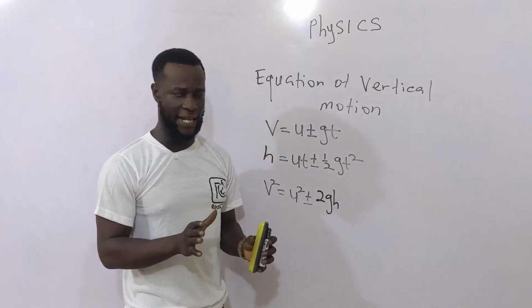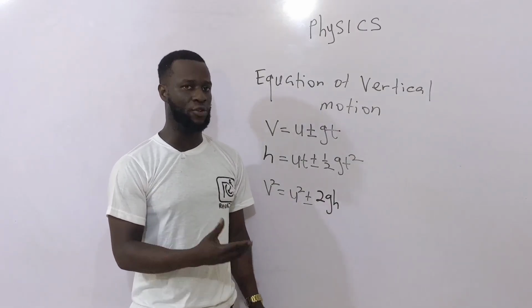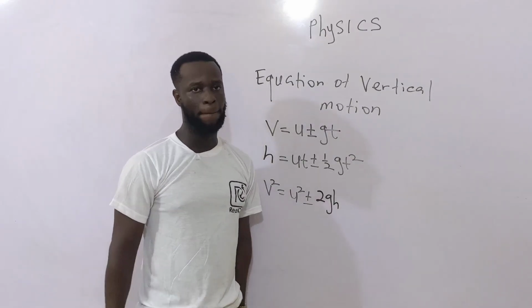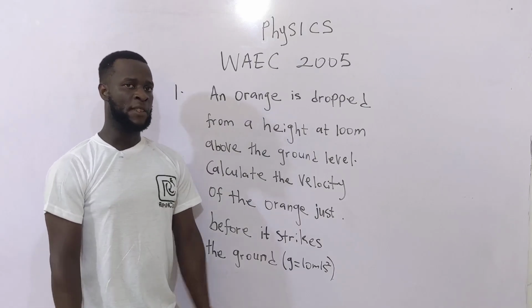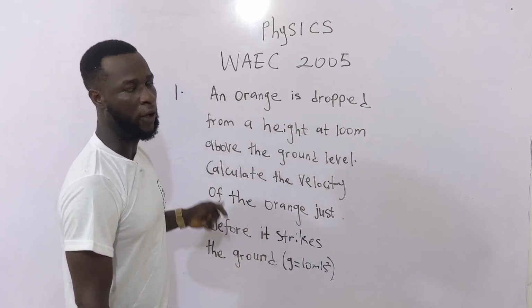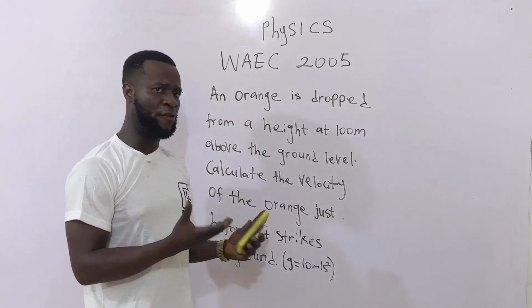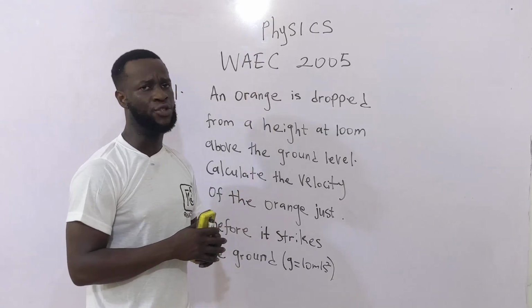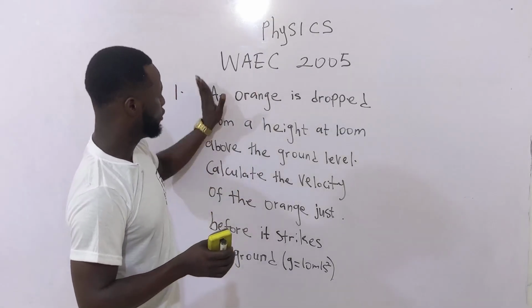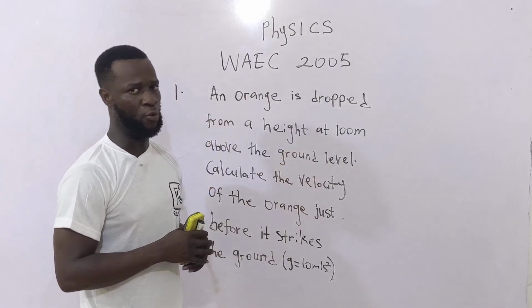Now that this is said, let us look at questions that have been asked from here. Still on vertical motion under gravity, this is question number 1. Just like we previously said about our equations of vertical motion, let me add this tip so we can solve this question with it.